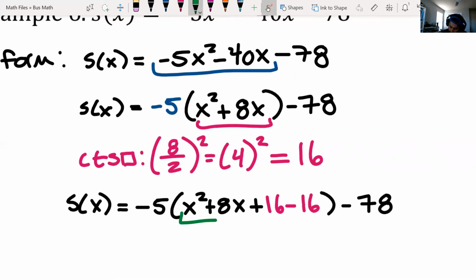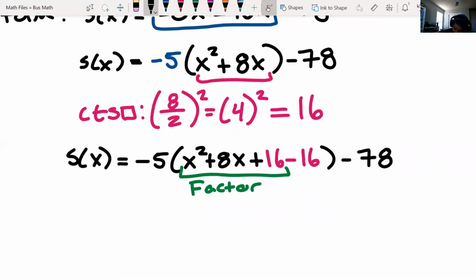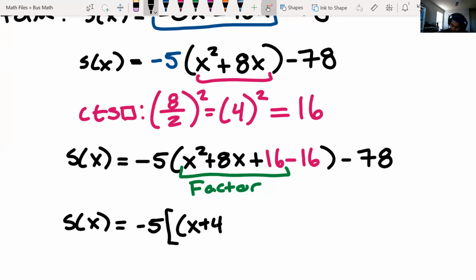Now remember, this part you will factor. You'll leave the other 16 alone for now. All right, and now here comes my brackets for neatness. X squared plus 8x plus 16 is going to be x plus 4 times x plus 4, minus 16, close bracket.